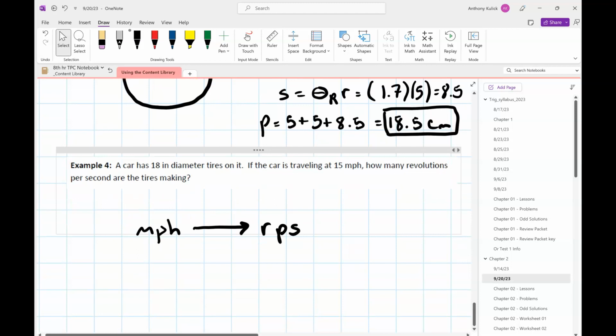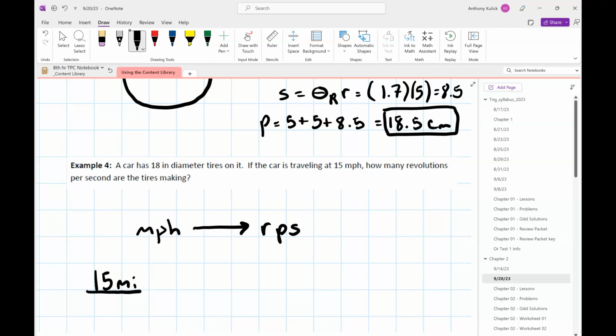Okay, whatever, fine. So we know we're starting with miles per hour, so I know I have 15 miles in 1 hour, right? If we're going 15 miles per hour. And I want to end in revolutions per second. Well, the hours to seconds should be easy, right?